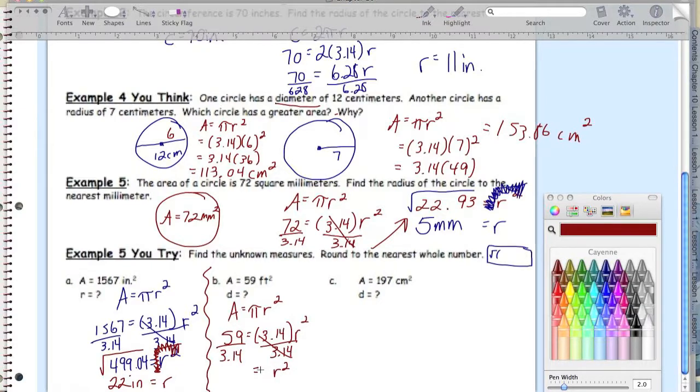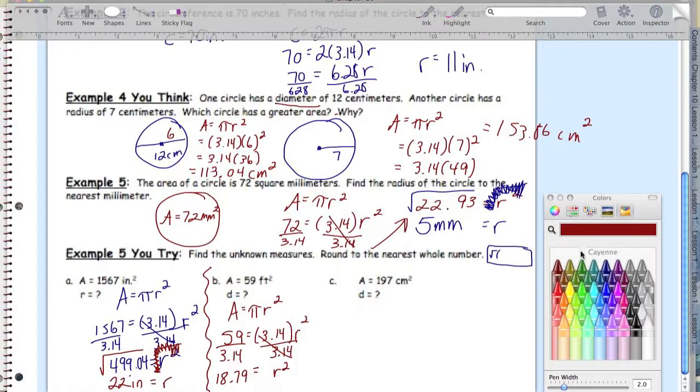59 divided by 3.14 is 18.789, but we want to round it to 2 decimal places when we're solving the problem. I get 18.79 because that 9 in the thousands place is going to round the 8 up to a 9.